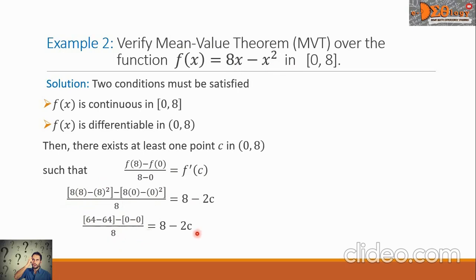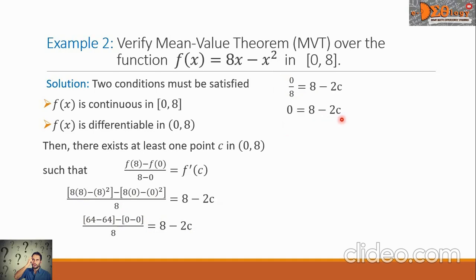There is no change on the right side. We can see in our numerator that this is simplified into 0 all over 8, equal to the right side, which is just the same. 0 over 8 is simply 0, and let us now solve for c.